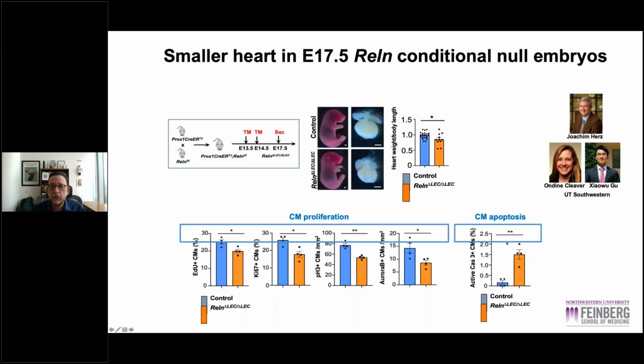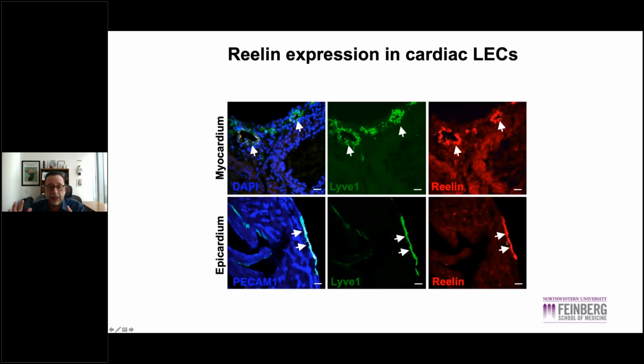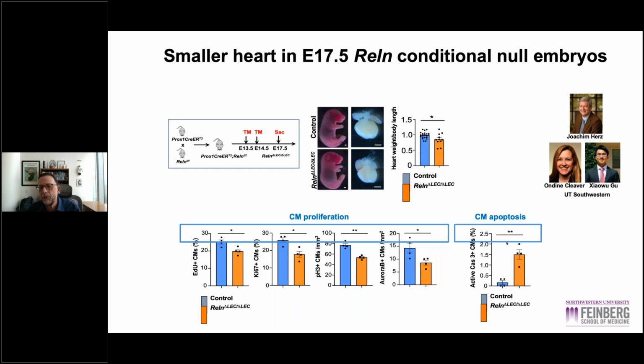But obviously, following this, the key experiment was, okay, if that's true, what happens in reelin mutant hearts? Are they smaller? And this was a major tour de force, to be honest, because of the pandemic and a lot of issues. We really want to thank our collaborators at UT Southwestern, Joachim Herz, Undine Cleaver and Cheryl Good, for their tremendous help in this part of the project.